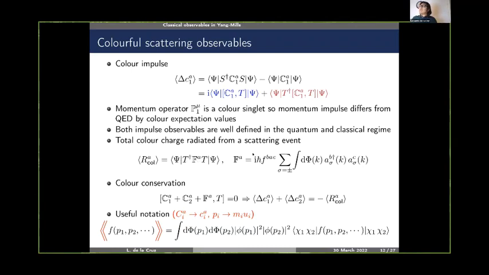Also notice that the operator is now in the adjoint representation, and that the other operator is constructed in a way in which it satisfies color conservation. This is satisfied at the level of the operator, so it is going to be satisfied at the level of the observables.